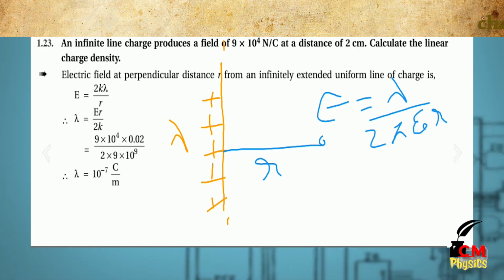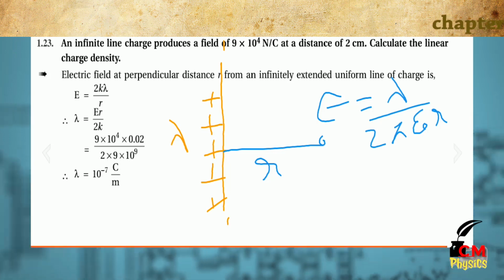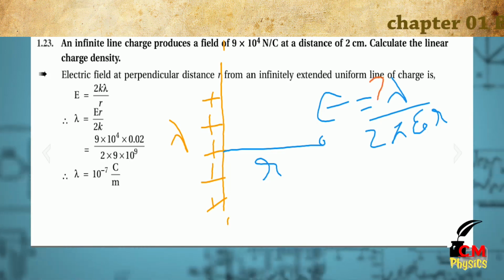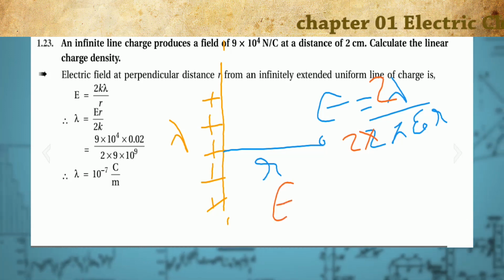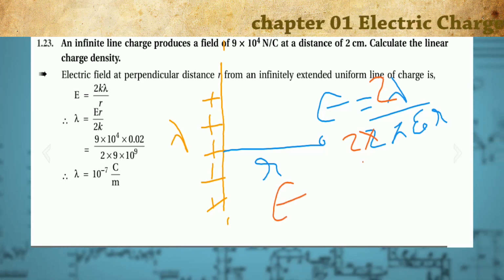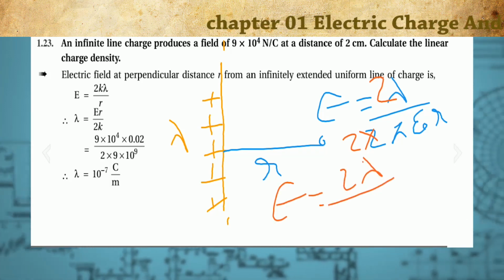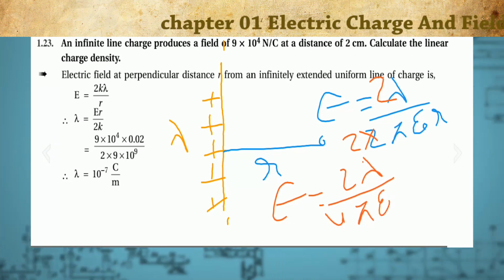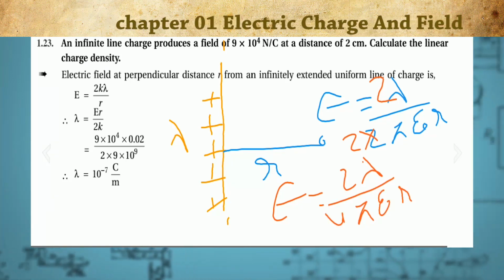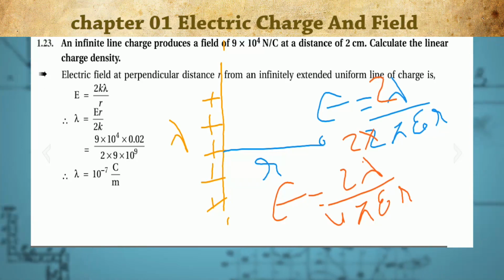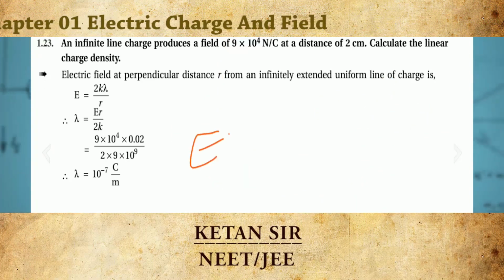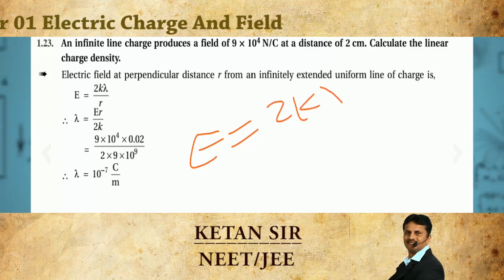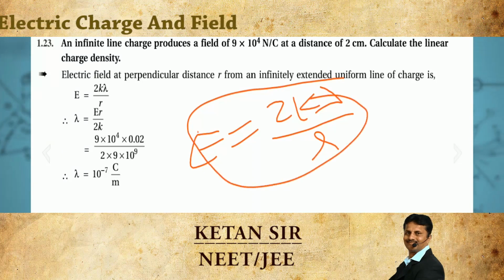Multiplying and dividing by 2, it becomes 2 lambda upon 4 pi epsilon 0 r. Here 1 upon 4 pi epsilon 0 becomes k, and the formula becomes E is equal to 2k lambda upon r.